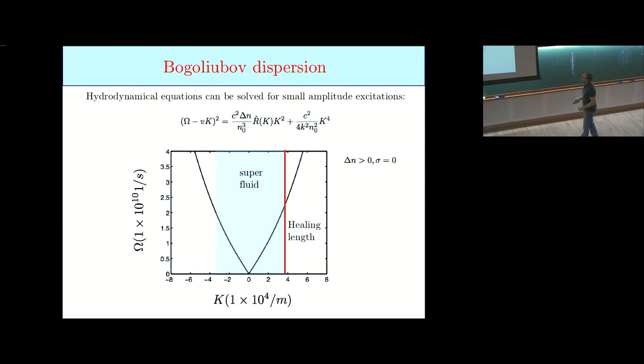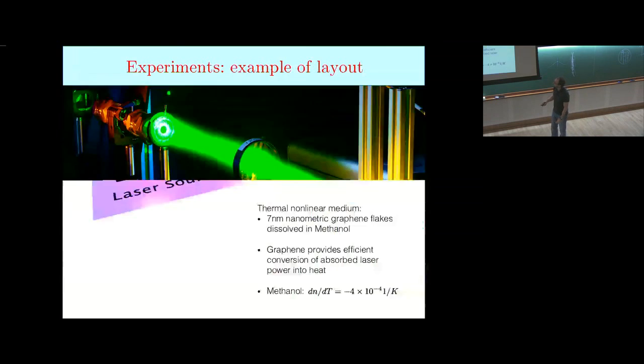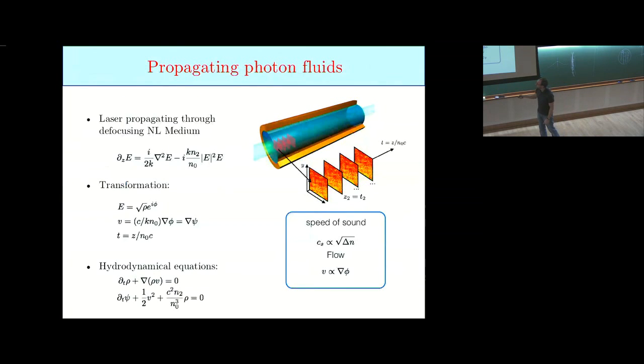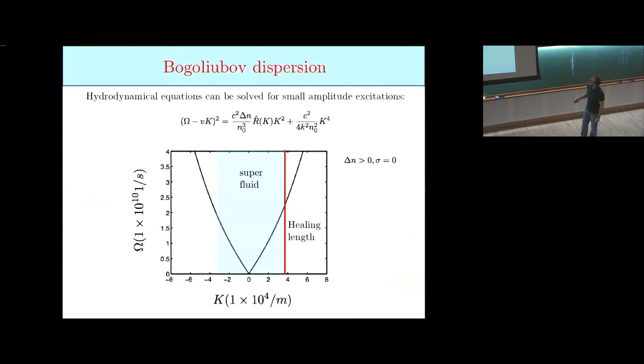Now, this does have implications. If we go all the way back to these equations here, which are the equations of an ideal fluid, you can pull out from these hydrodynamical equations what is called the Bogoliubov dispersion relation. I don't want to go into the details of where this comes from, otherwise we won't have time to look at all the other things. But essentially, this is a dispersion relation, so it links omega, the frequency of your waves, with the k vector of your waves.